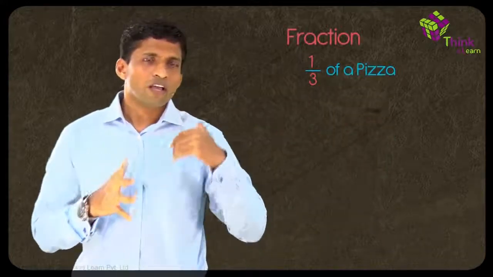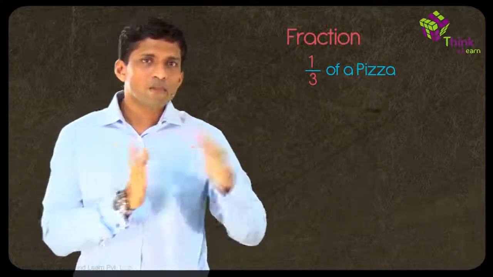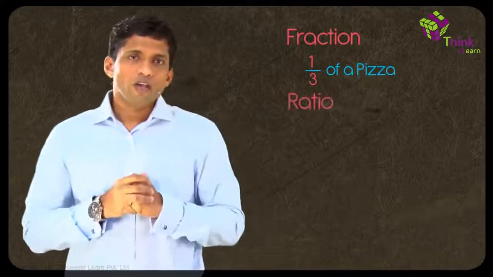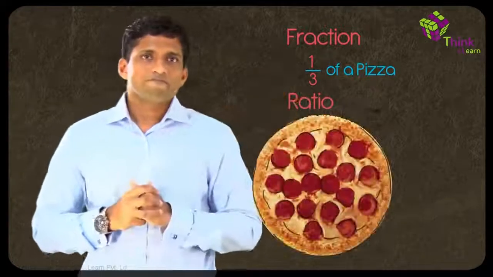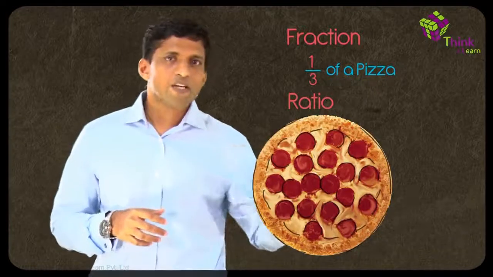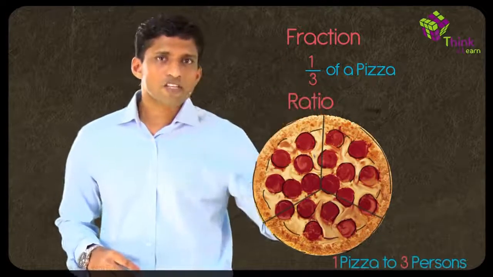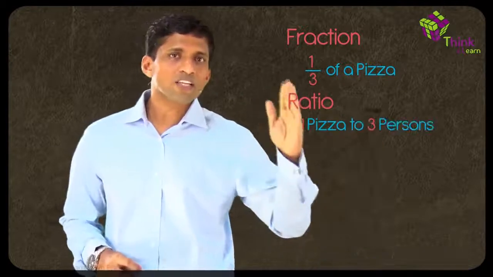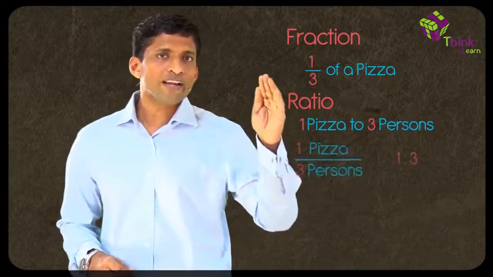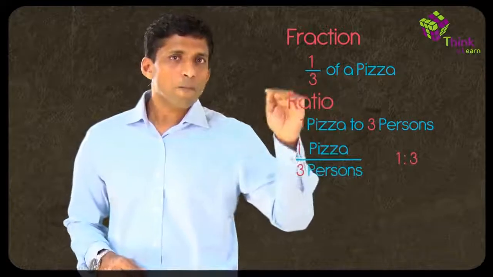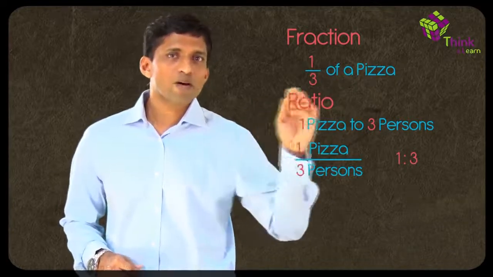Now, the same 1 by 3, let me show you a different scenario. Same pizza, if there are 3 persons, so it's 1 pizza to 3 persons, we can write it as 1:3, or we can write it as 1 pizza divided by 3 persons.